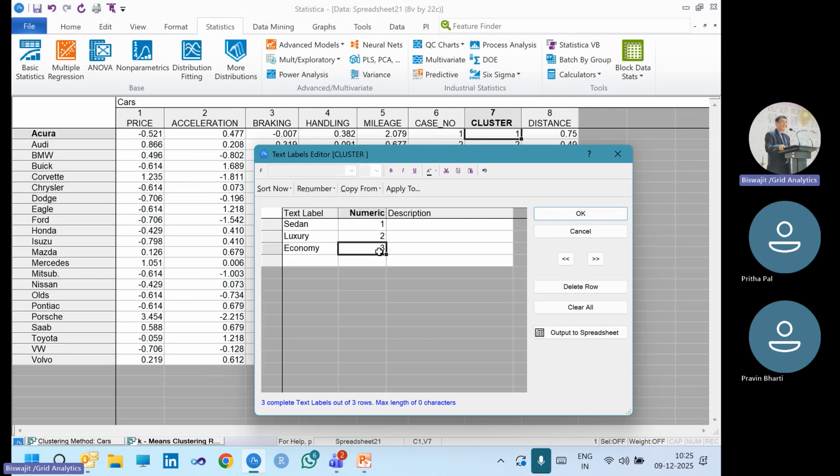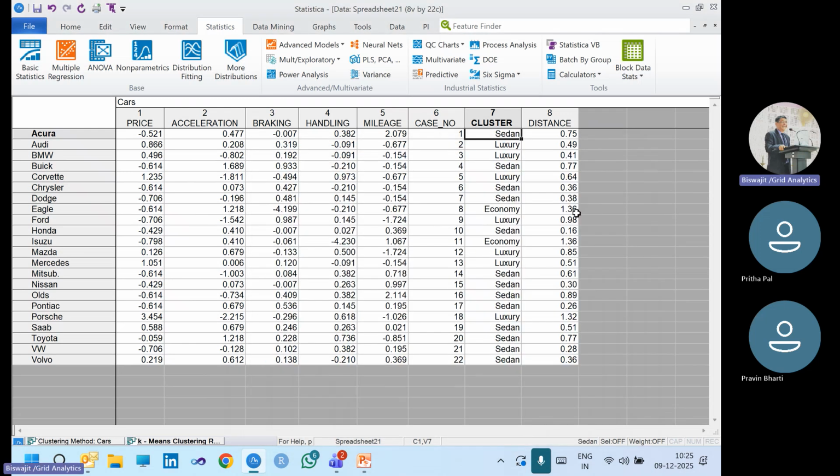The highest pricing was with cluster 2, and the lowest pricing was cluster 3. So here I got these clusters, right? The Acura, on the basis of the matrix, I got the cluster here.